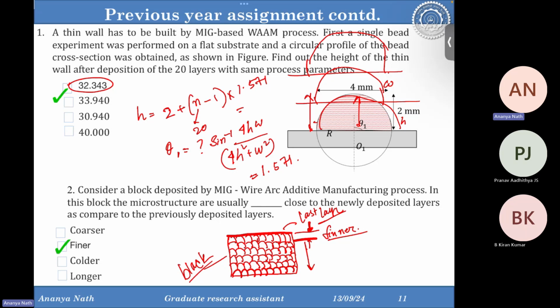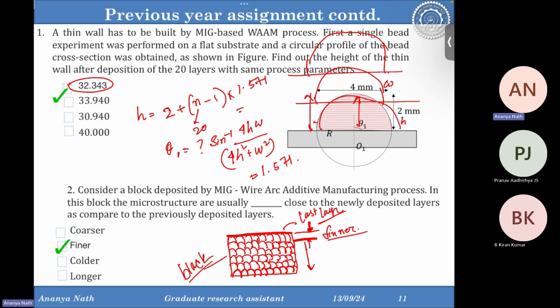Deposition rate is very high means that in the MIG process, the arc along with the consumable electrode is moving very fast over the build plate. As it is moving very fast, the heating rate and cooling rate in this type of process are very high. As the cooling rate is very high, your layer gets cooled down very fast.